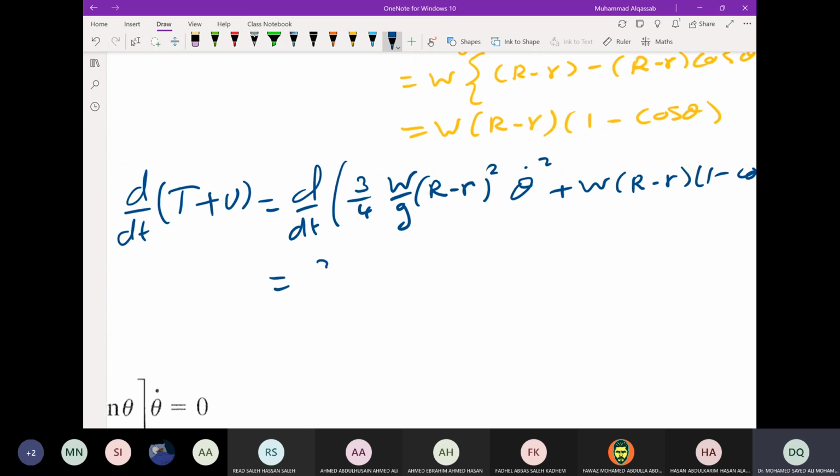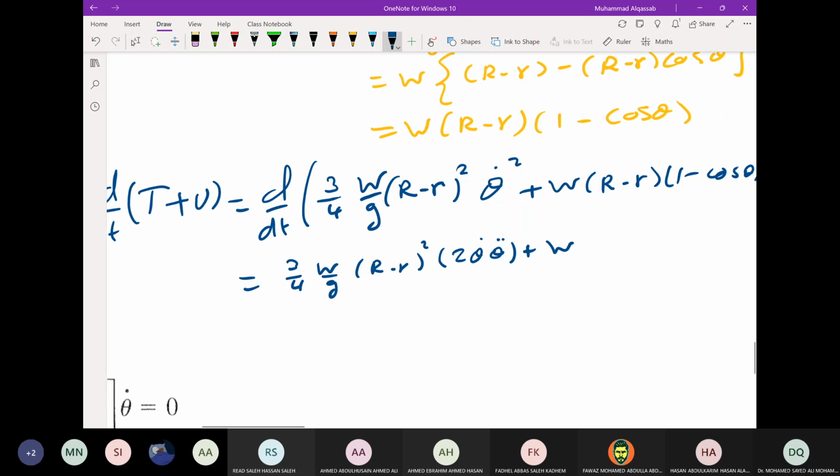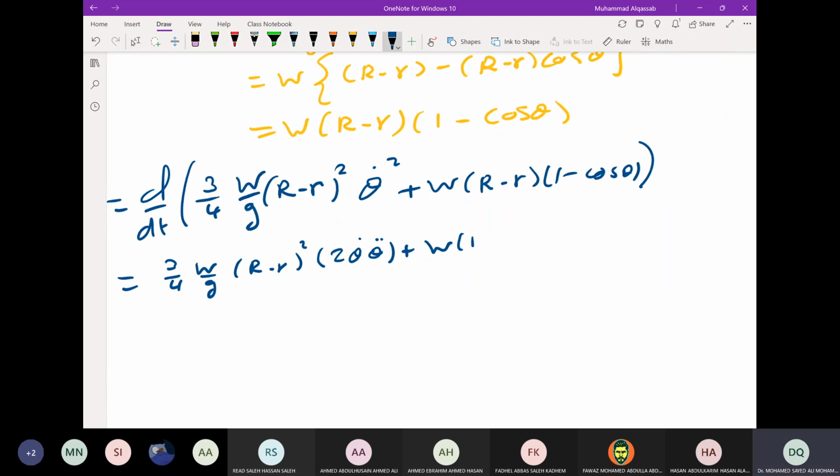We have 3/4 W over g (R minus r) squared, and the derivative of theta dot squared is 2 theta dot theta double dot, plus W, and this is (R minus r), and the derivative of 1 is 0, and the derivative of cosine theta is minus sine theta theta dot, and the minus becomes a plus.